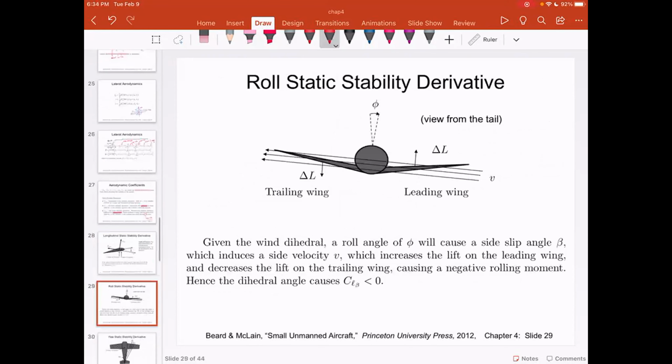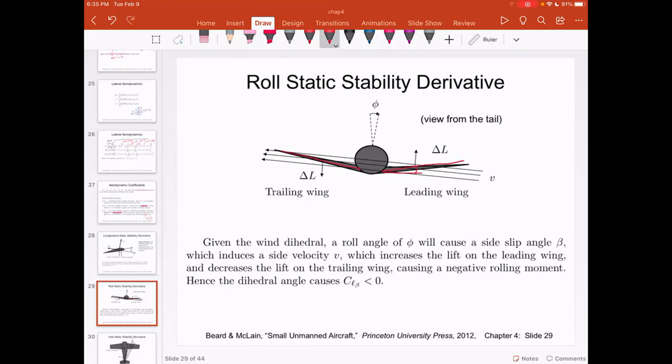If you look at the roll stability, dihedral is nothing but the slope of the angle of the wings. So if you see, this wing is not flat. This wing is slanted upwards. That is called as dihedral. So it has some angle, and that angle is called dihedral. And the reason for that is if you follow the direction of small v, what happens is when the air velocity flows over wings, the leading and trailing wing, they develop a differential lift.